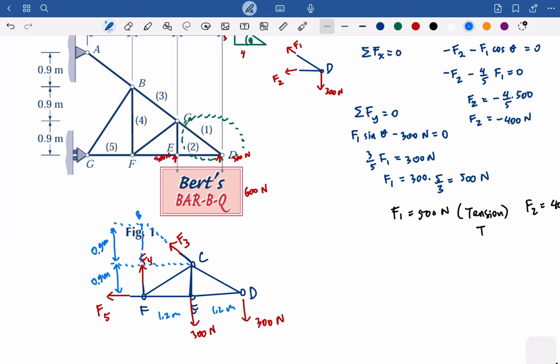This one can also take the moment over there, using this line. So you need to justify the line first, and you don't need F4 and F3.